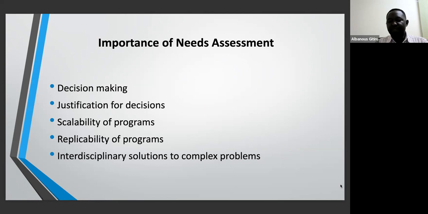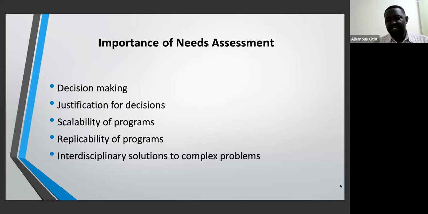Making the program bigger, expanding it, is what we say, bringing it to scale. So the needs assessment outcome is the one that will inform you in how to upscale the program that you wish to expand on.